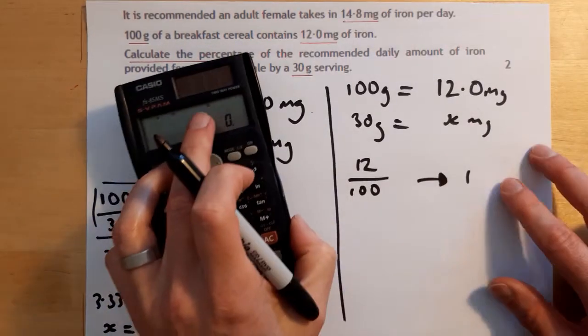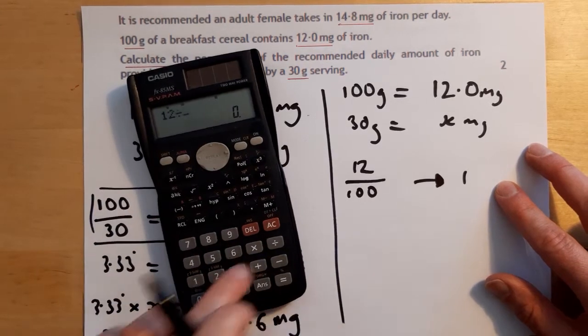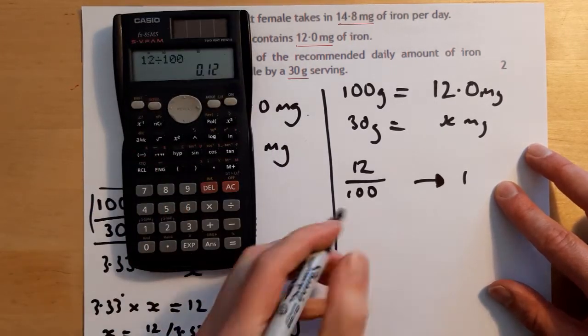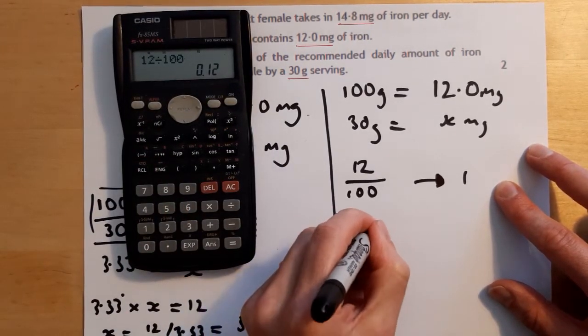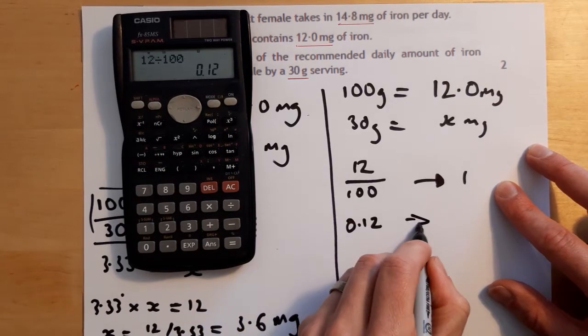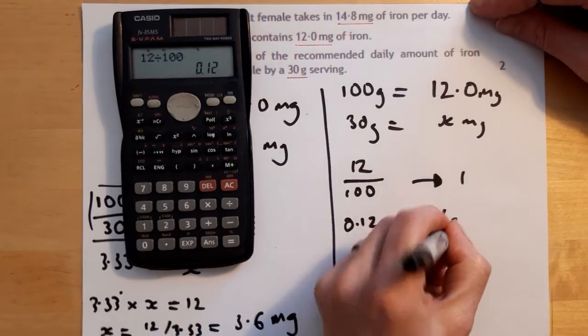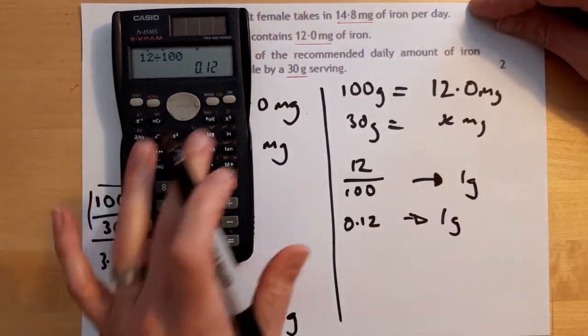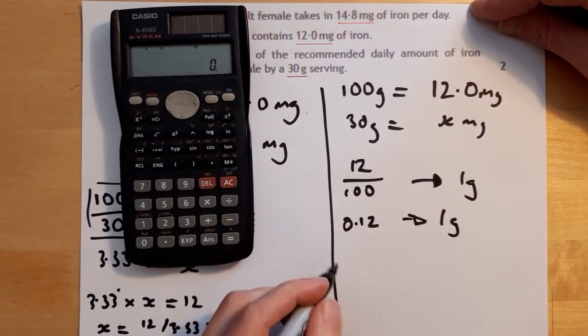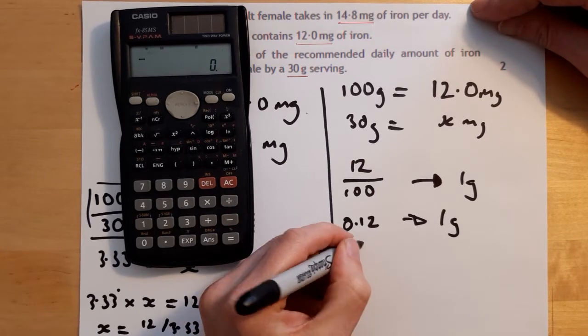So let's have a look at that. 12 divided by 100 equals 0.12. So 0.12 corresponds to 1 gram. Well, we need 30 of them, so we would therefore have to times this number by 30.